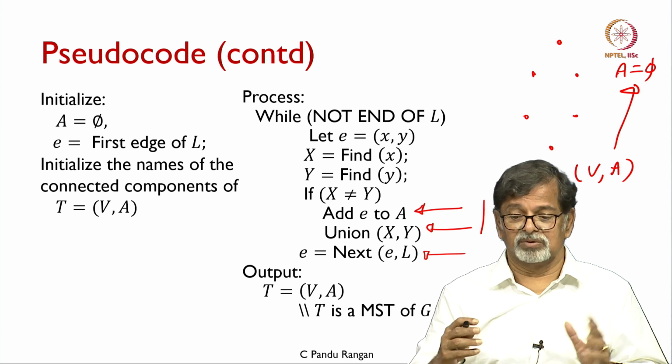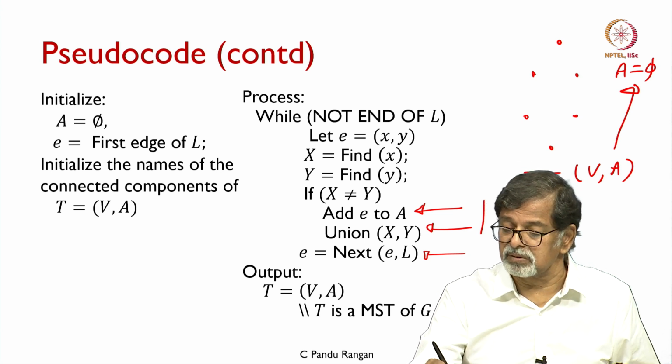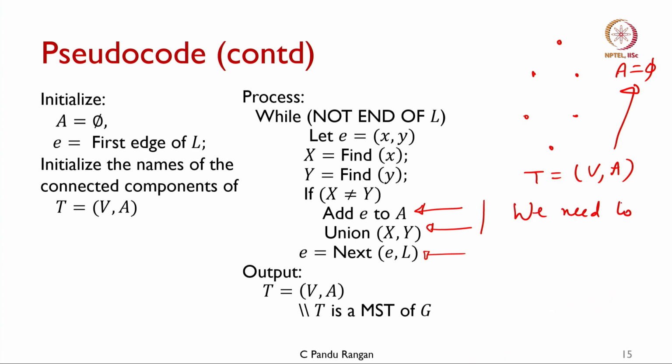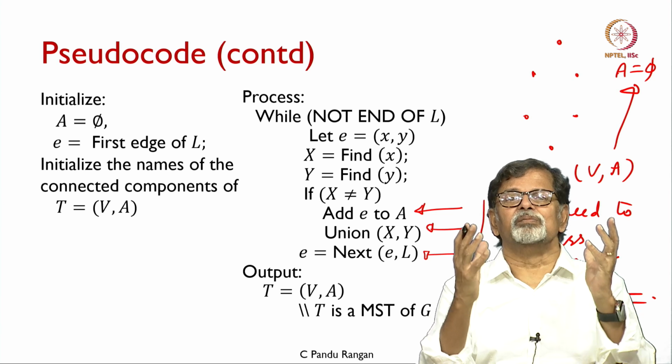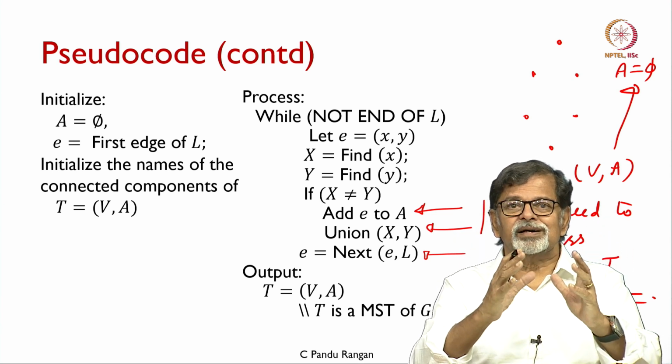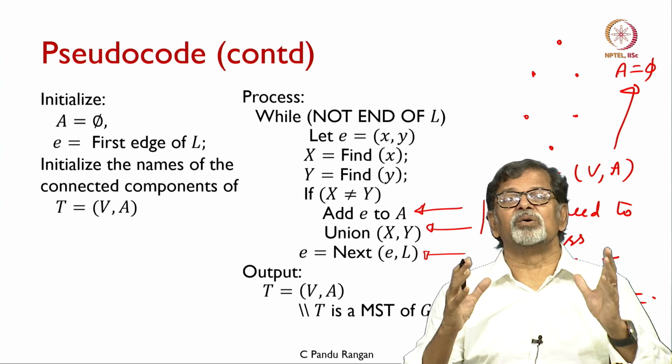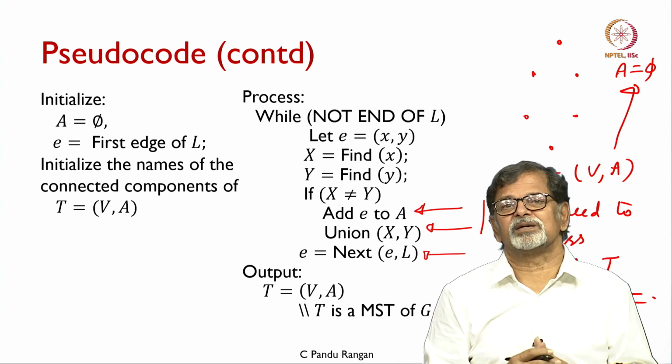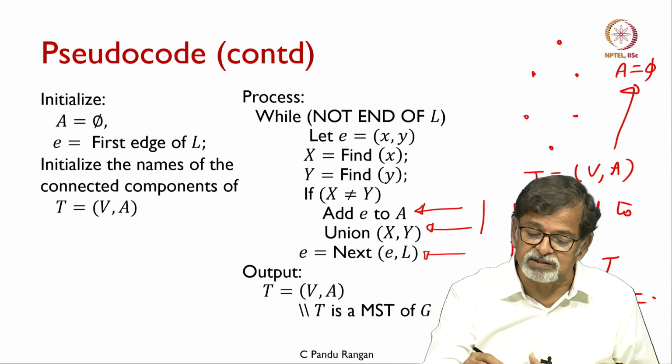We need to process the connected components of T. We have to find a name, and we have to fuse the connected components. So we have to maintain and manage the connected components of T. How are we going to maintain and manage the connected components of T and perform these operations?